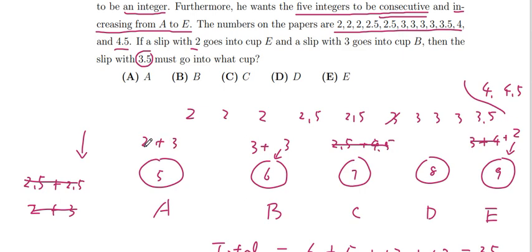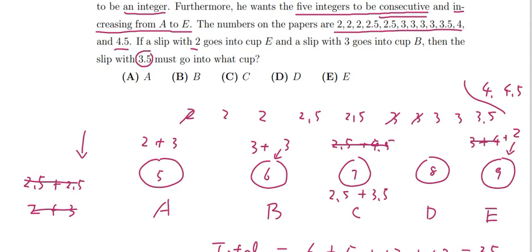Then how can we make 7? 7 can only be 2.5 plus 2.5 plus... no, 2.5 plus 3.5 with another 2.5 and 3.5. So this is okay, this is 7. Put it in C. Then we can check it.